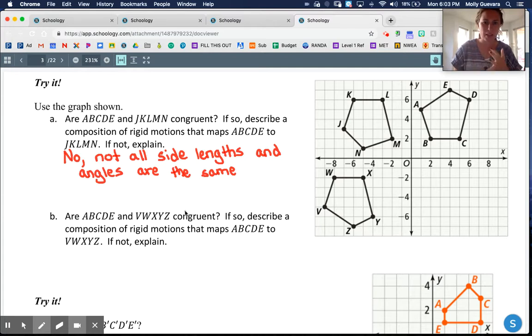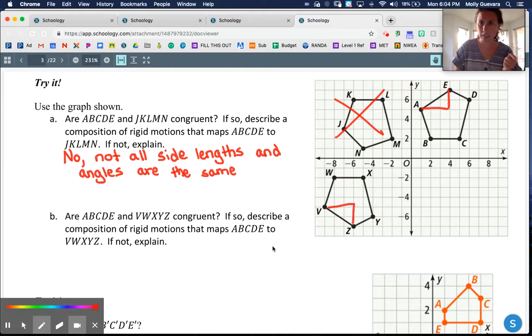For B, I'm interested in A, B, C, D, E, and V, W, X, Y, and Z. So if I go through and start counting, this one had a ratio of 1 to 2. This is 1 to 2, so that's good. And then if I keep going around, A to E was 3 to 2. This is 3 to 2, so that one's good. You probably do this a lot faster than I can.